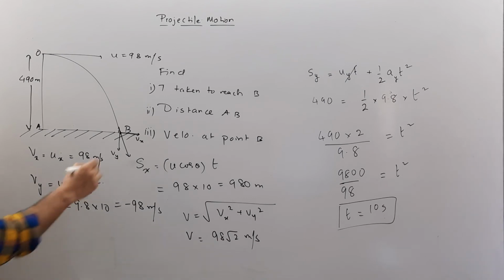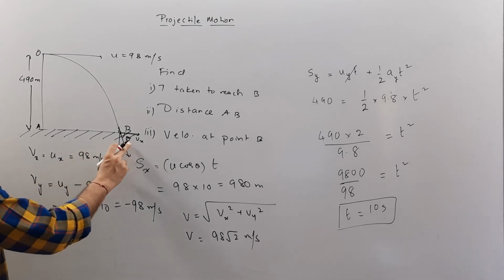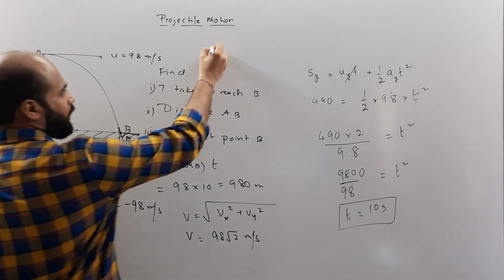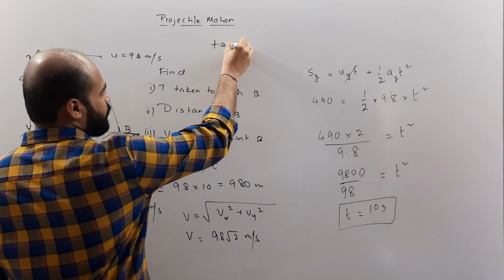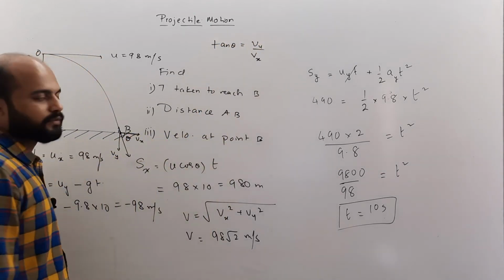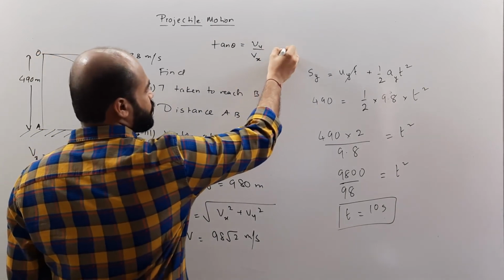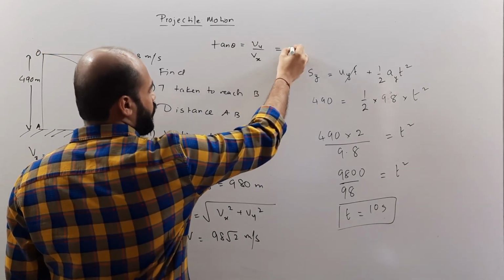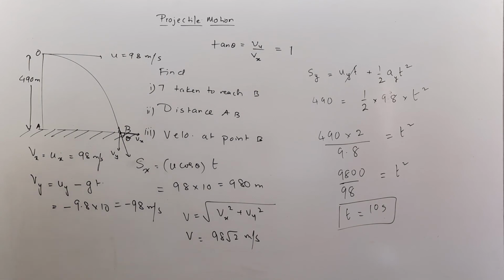And now if you want to find this angle that it makes with horizontal, then it's a very simple thing. All that we have to do is, this theta that you can see, I can write tan theta as Vy by Vx. If we write this, then we will get 1 because both are equal and we are interested in the magnitude.